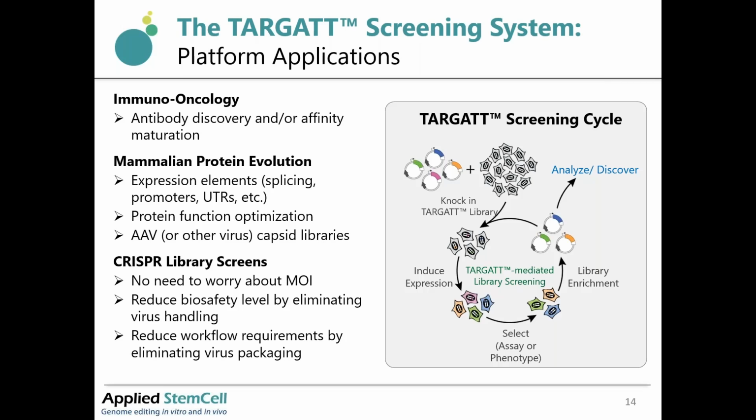The third application is CRISPR library screens. By using target, there is no need to worry about the MOI, and it can help to reduce the biosafety level by eliminating the virus handling, and also reduce the workflow requirement by eliminating the virus packaging.